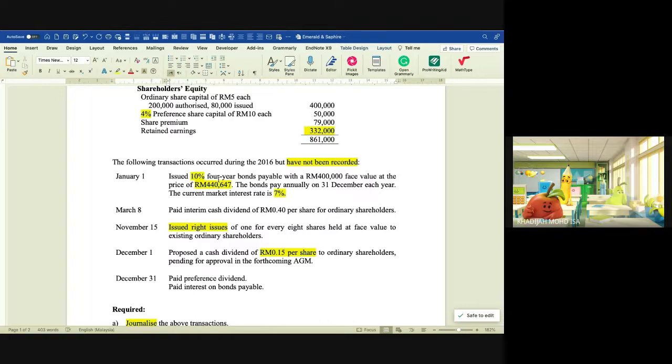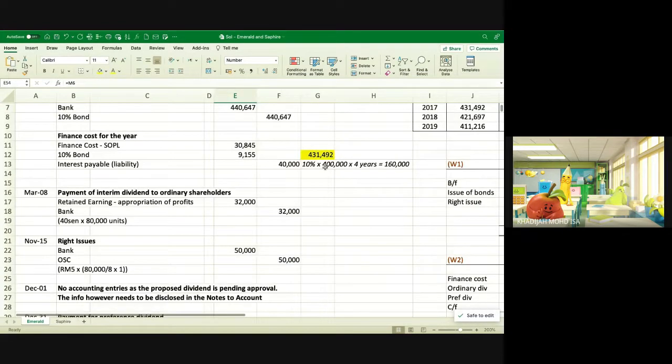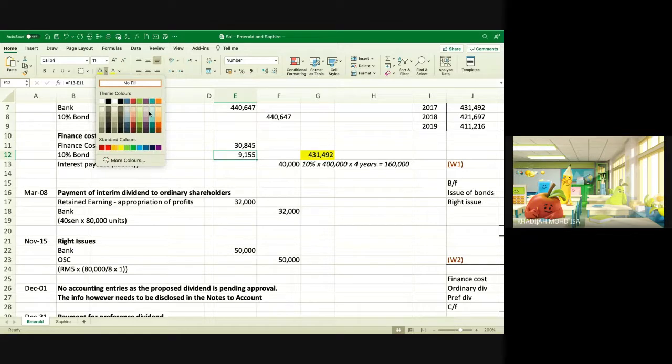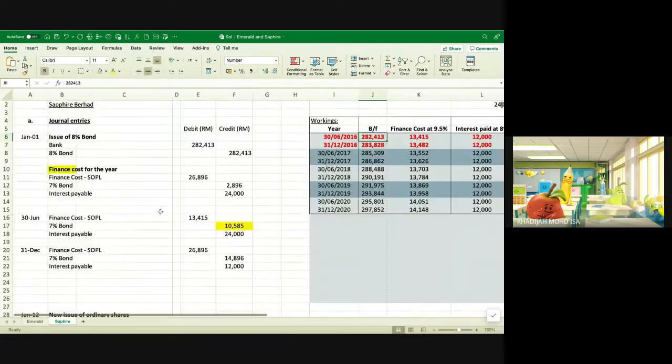So when you record on the first question the financing, the 40,000, the balancing figure is on the debit side. But on the next question, because it was issued at a discount, the 7% bond is credited. It means that this one is the balancing figure.